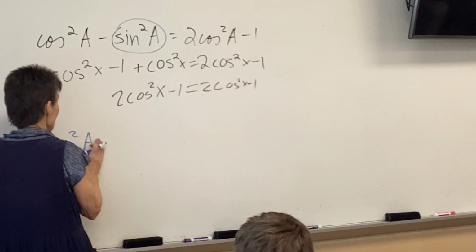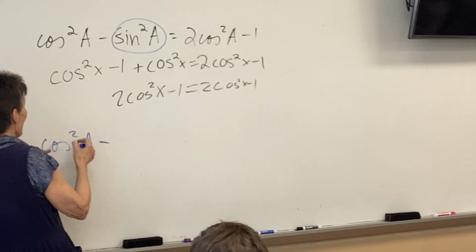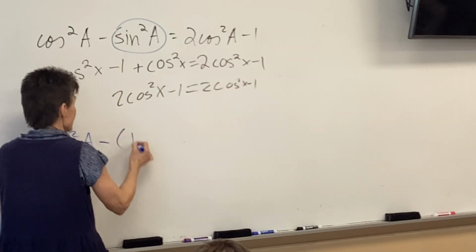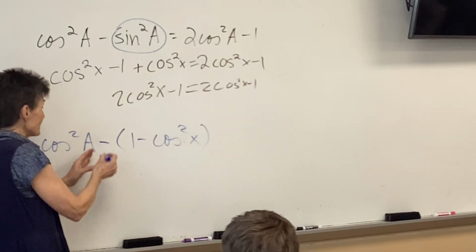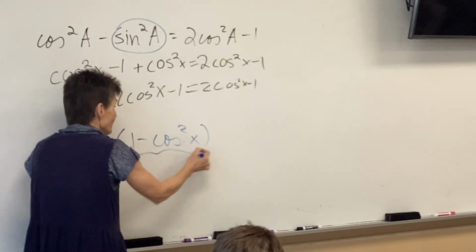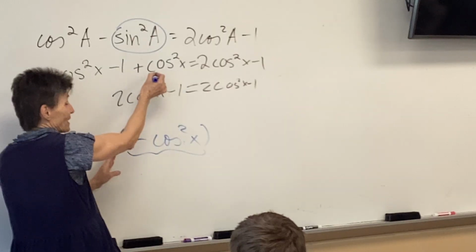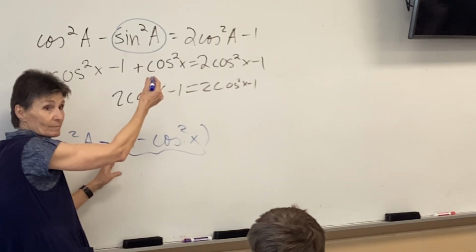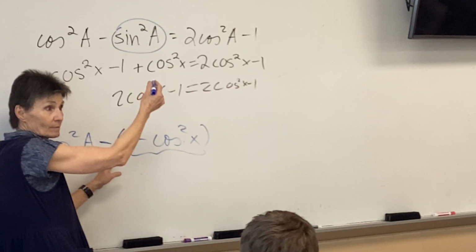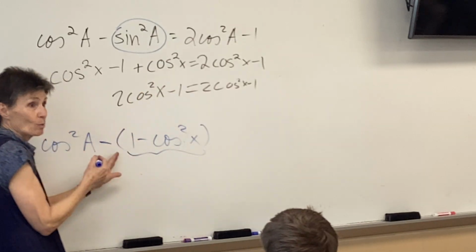It is 1 minus cosine squared. So I have cosine squared minus 1 minus cosine squared. And since I am subtracting 1 minus cosine squared, that turned into a negative 1 plus cosine squared. And that's how we got 2 cosine squared.